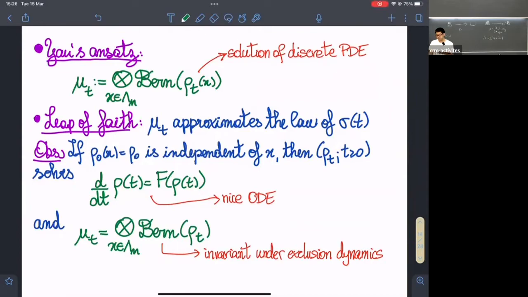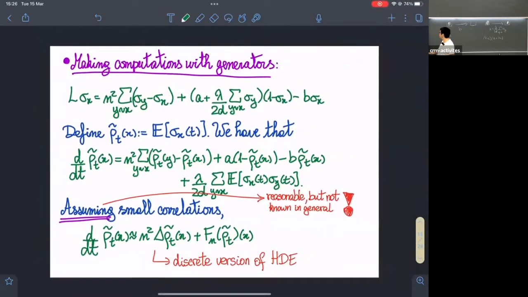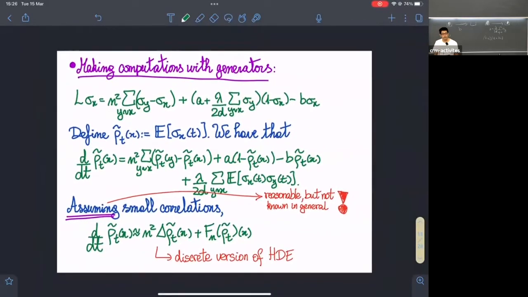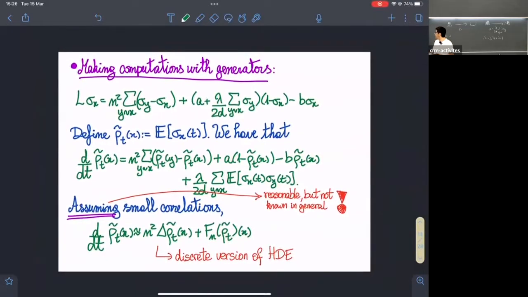Okay, that is at the PDE level: the PDE becomes an ODE. And also, if you check the discrete version of the hydrodynamic equation, if you assume that rho 0 tilde is independent of x, then the solution of this equation is also going to be independent of x at later times.